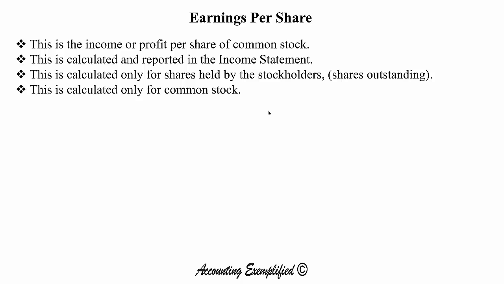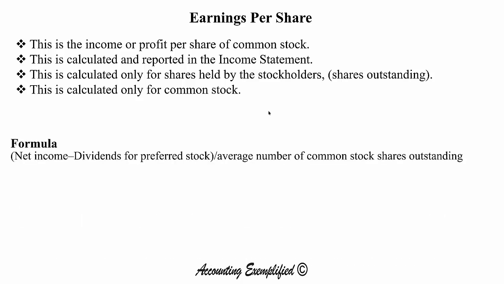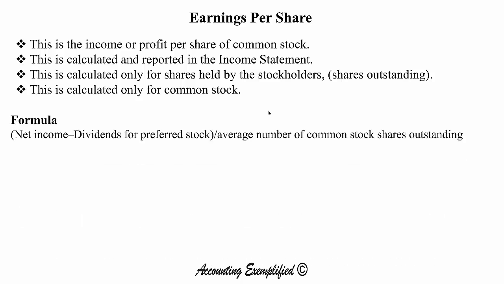So shares outstanding mean the number of shares held by the stockholders or shareholders. The earnings per share is calculated only for the common stock. Now, how to calculate the common stock earnings per share? The formula is net income for the period minus dividends that should be paid for the preferred stock divided by the average number of common stock shares outstanding.